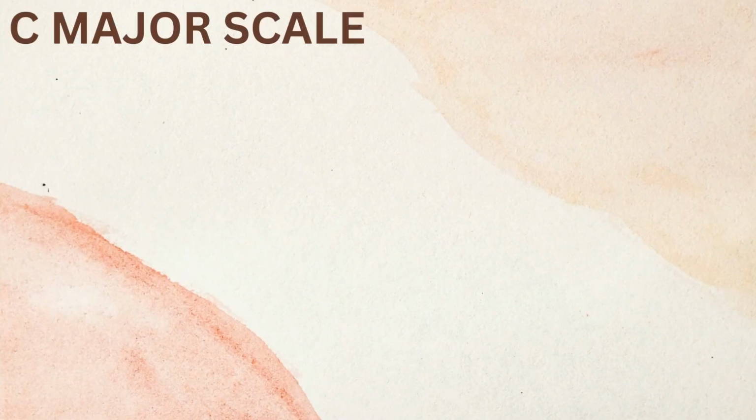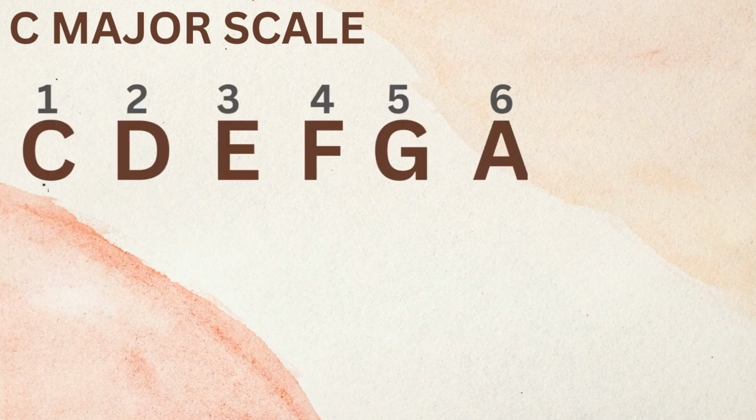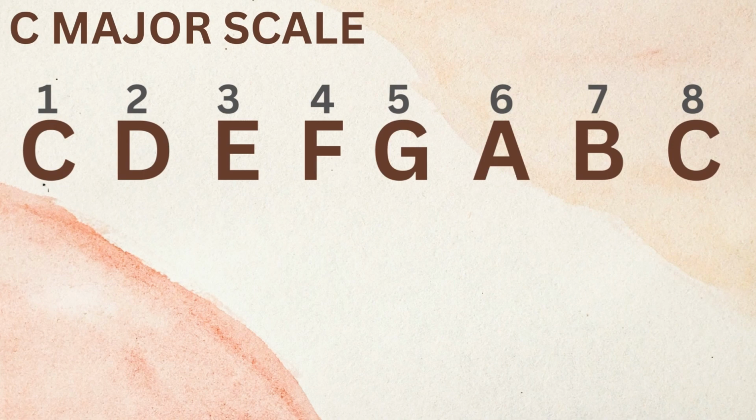Going back to the major scale topic, let us examine the C major scale. To make the scale, simply start with the root note C followed by the proceeding alphabet until you return to the root note C, following the whole, whole, half, whole, whole, whole, half sequence.